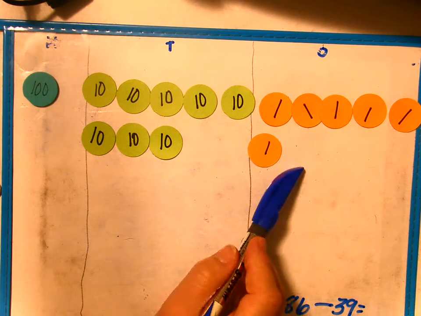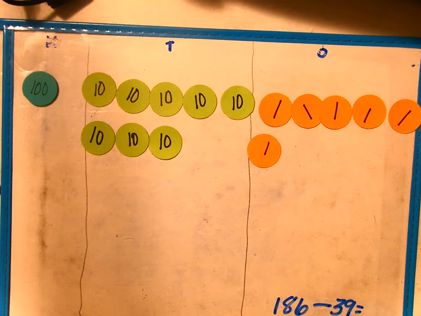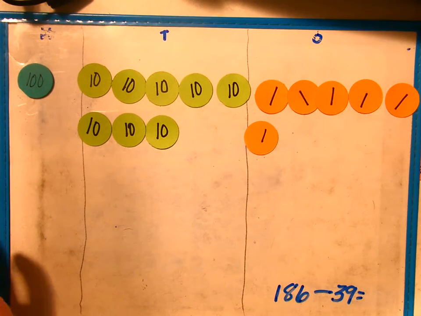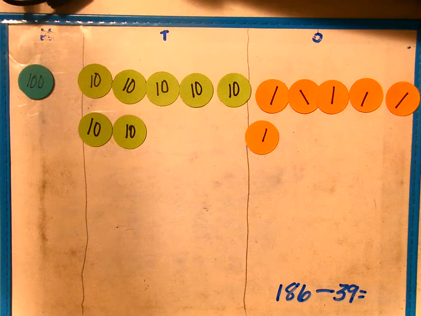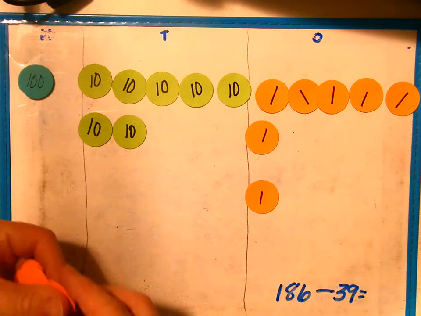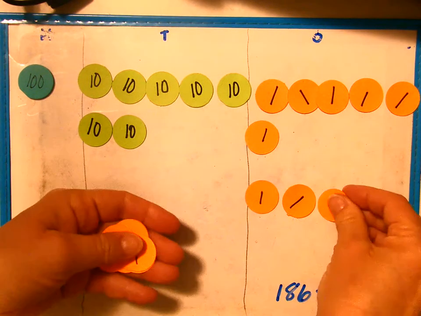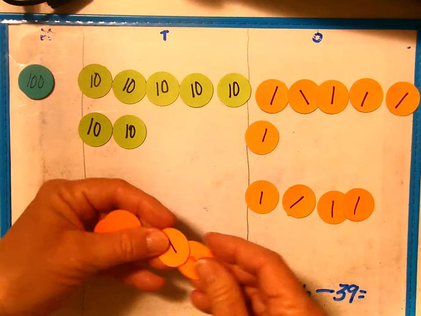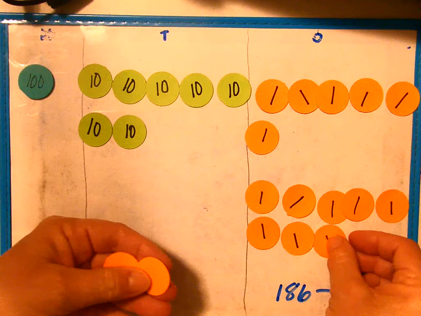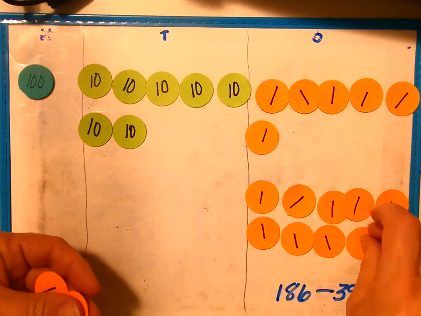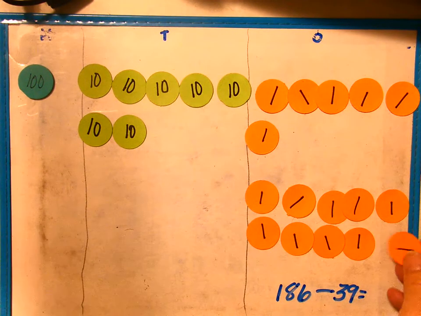So I have 6 ones. I want to take away 9 ones. What am I going to do? Unbundle or decompose. I'm taking away a 10, and I'm going to change it back into ones. 1, 2, 3, 4, 5, 6, 7, 8, 9, 10.